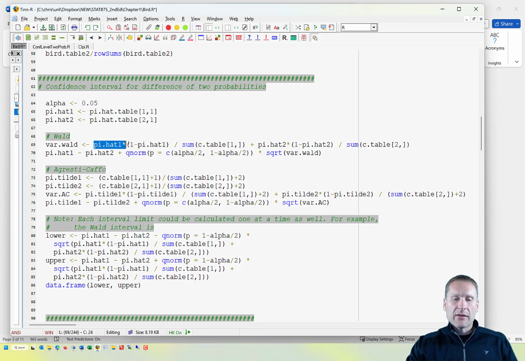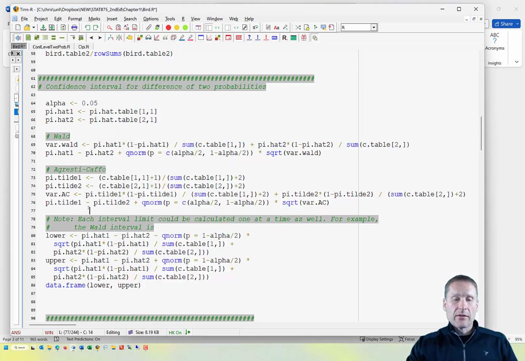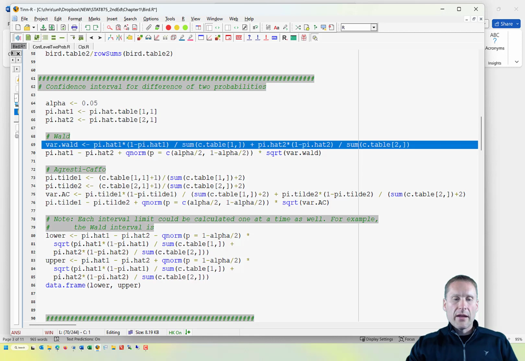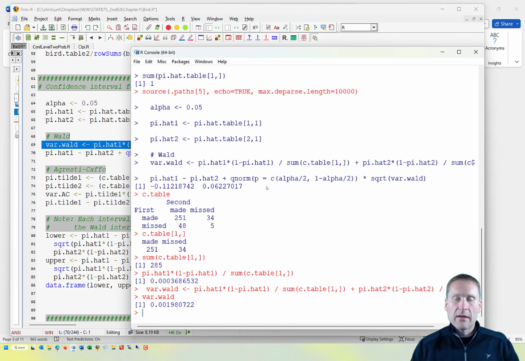I combine this with pi.hat1 times 1 minus pi.hat1, divided by n1. And there's a portion of my corresponding variance. If I run the whole thing here, we can see my var.wald is this. And if one wanted to, since this is a fairly simple example, one could do by hand calculations to verify indeed that R is doing what you would expect.